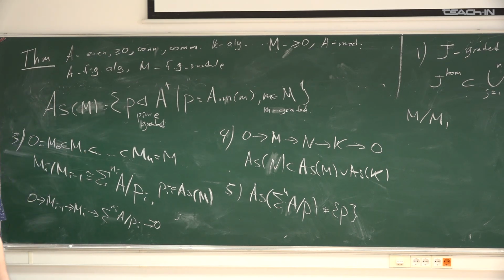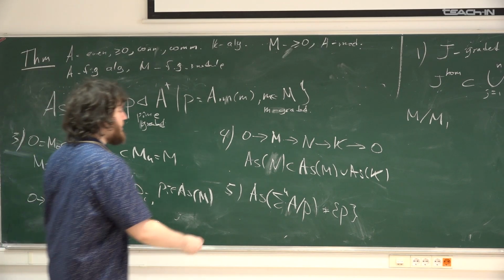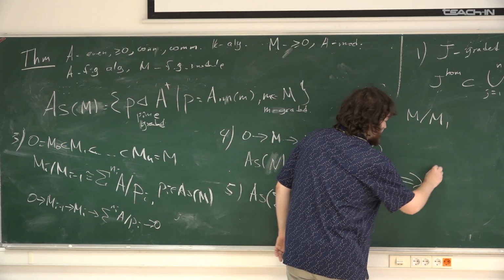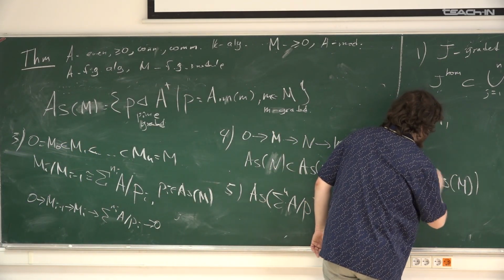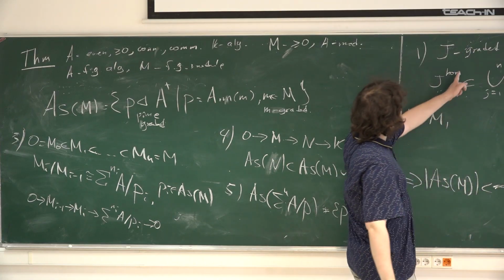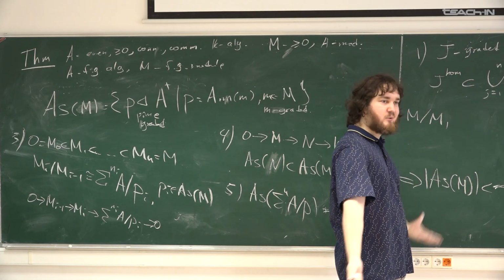So it's finite. From this we obtain that Ass(M) is finite, and then from the first lemma we obtain what we needed.